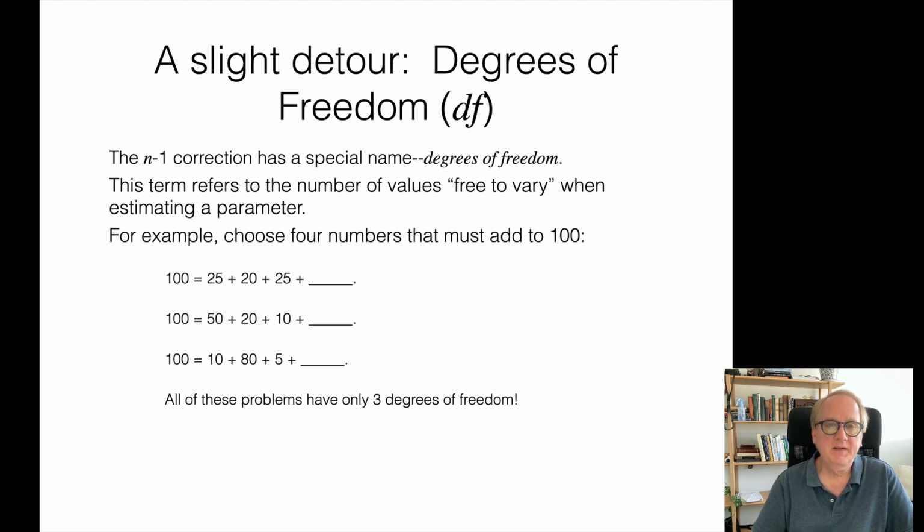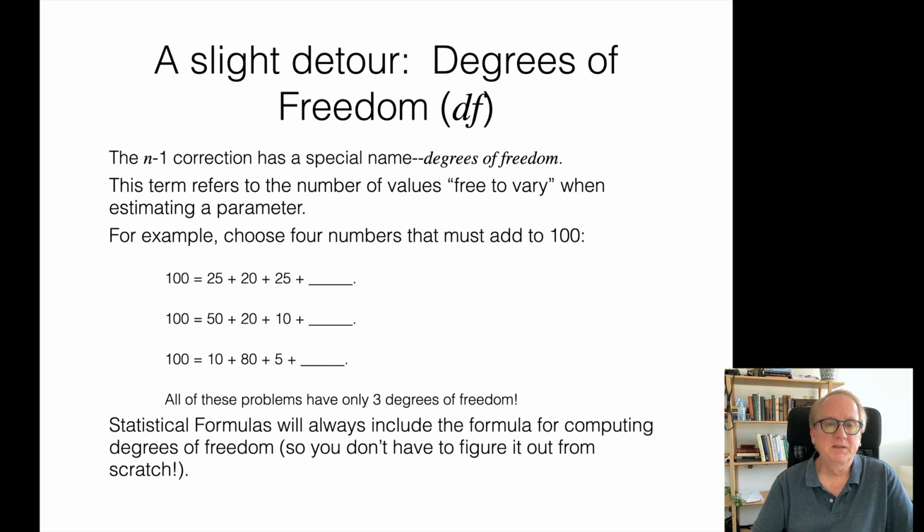That's basically what's happening when we talk about degrees of freedom in estimating a parameter. It's a little bit more complicated than that, but for now, just accept the fact that for every formula where there's some sort of estimate of a population parameter, there will be a degrees of freedom associated with it. And that means you'll have to look to see, for instance, that there are different degrees of freedom for different kinds of t-tests.